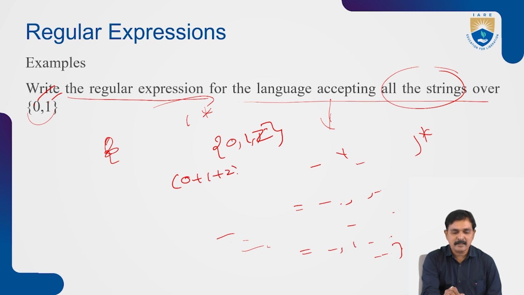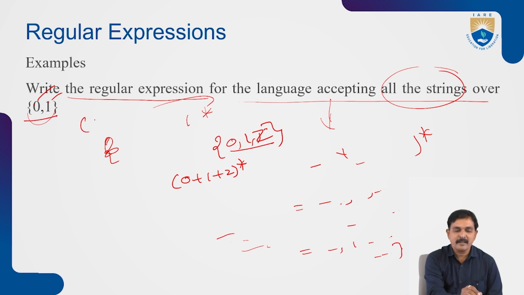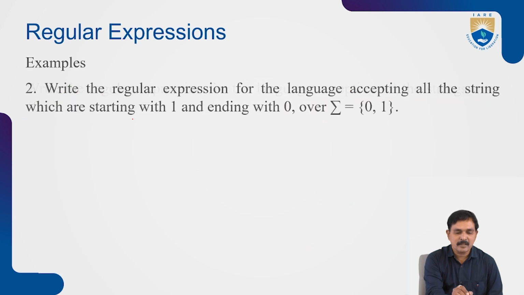In that case the answer is (0 plus 1 plus 2) whole star. Based upon the symbols, and since there is no constraint, we write the regular expression accepting all types of strings over the three symbols: (0 plus 1 plus 2) star. But if the given question has only 0 plus 1, the answer is (0 plus 1) star.